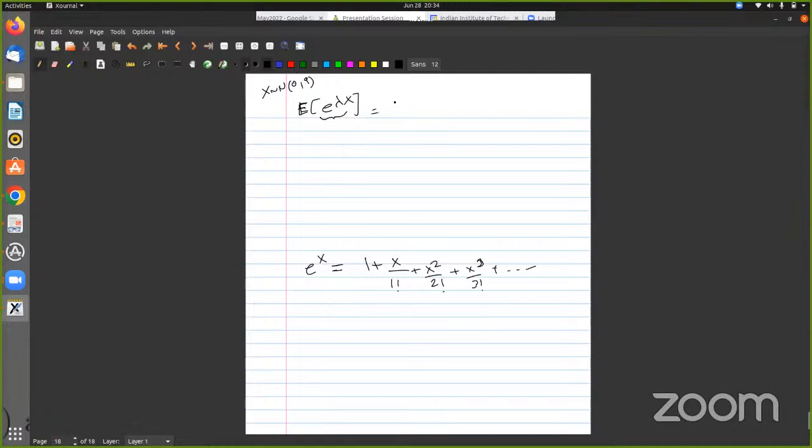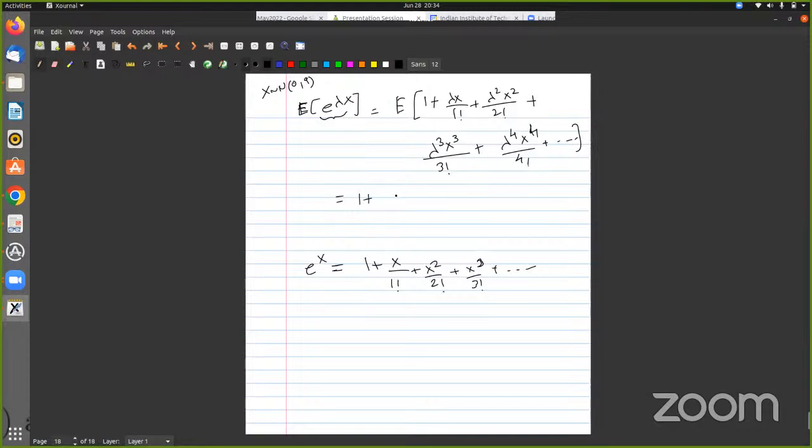1 plus lambda x by factorial 1, plus lambda square x square by factorial 2, plus lambda cube x cube by factorial 3, plus lambda 4 x4 by factorial 4, and so on. If I use the expectation inside, the expectation of 1 is again 1, because the expectation of a constant is the constant.